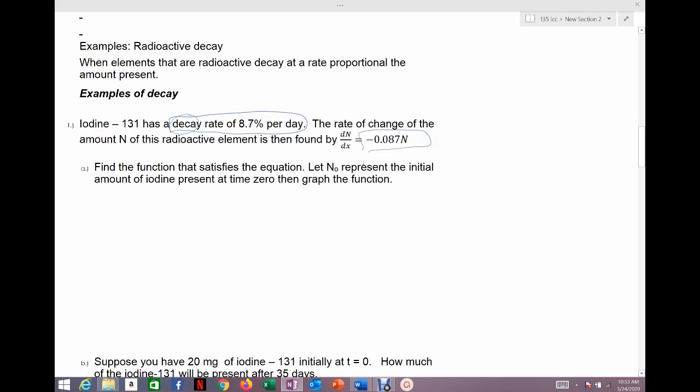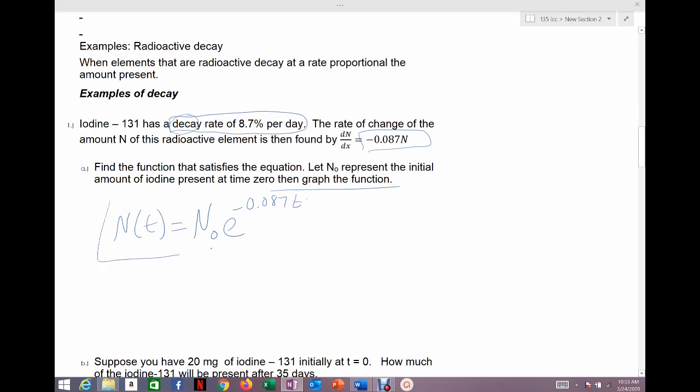The difference here is it's a negative out front instead of a positive. All right, find the function that satisfies the equation. Let N naught represent the initial amount of the iodine present at time 0, then graph the function. So it's going to be just kind of a general graph. N of t represents any quantity of the iodine after time t, and N naught would represent how much we start with, times e raised to that negative 0.087, our decay constant, times our time.